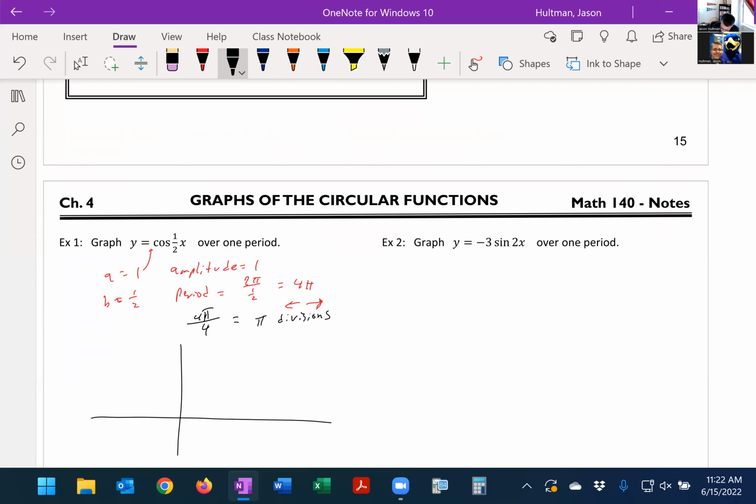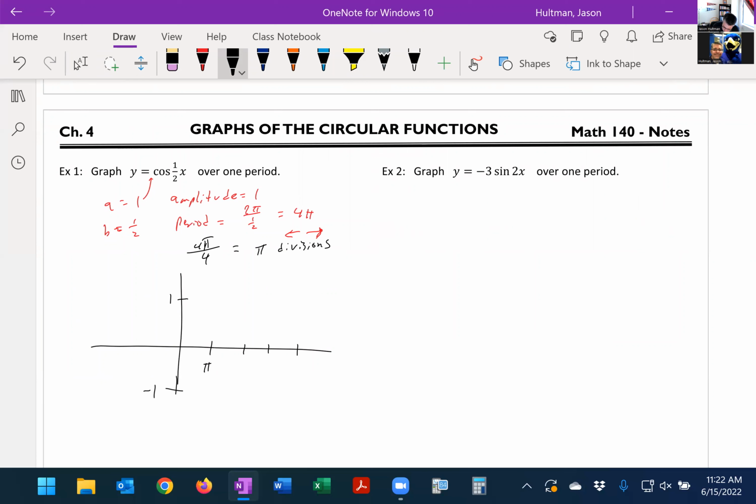We're still going up and down 1, so this is going to be at 1, and this is going to be at -1. The first reference value is going to be at 0, and then the next is pi, and then I just keep adding: 2 pi, 3 pi, and then 4 pi, and that will give me 1 period.